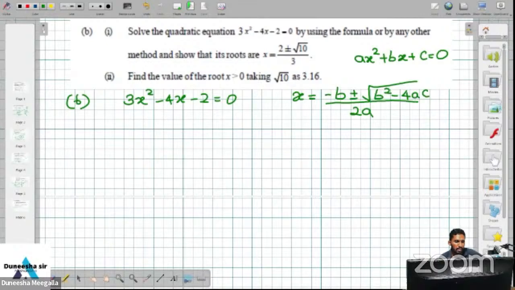You have to substitute the coefficients and constant into the formula. Can you substitute?